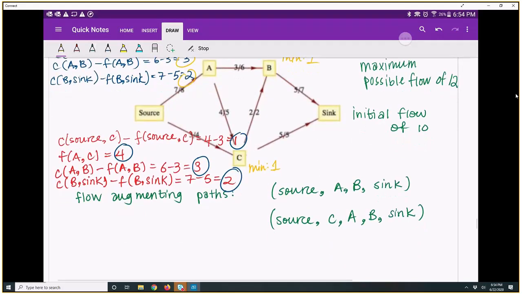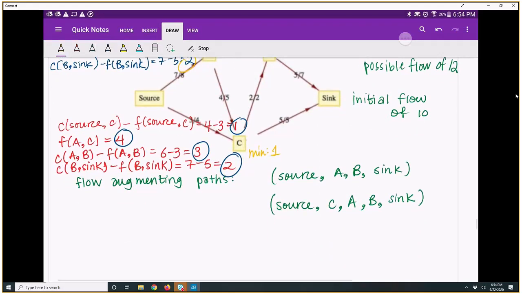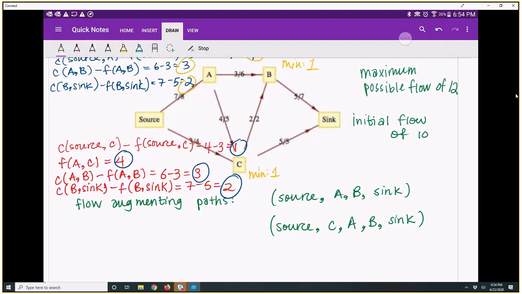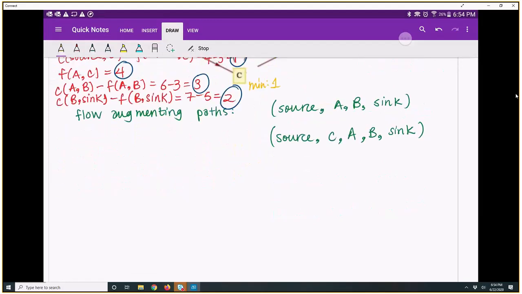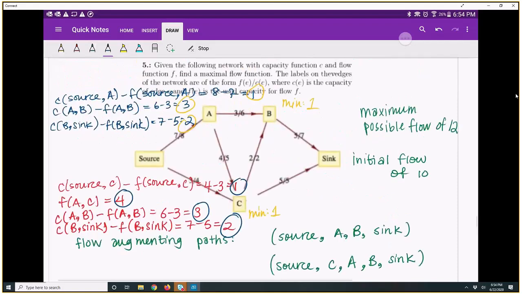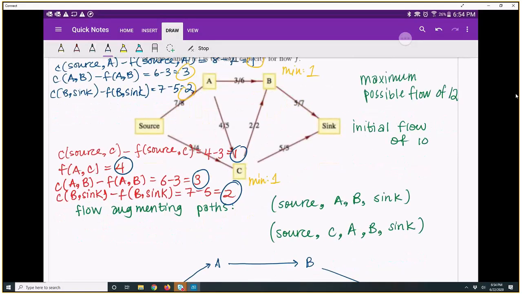Okay, so if I send 1 gallon from source to A, I'm getting a little crowded up there, so I'm just going to recreate this network. So my capacity is 8.